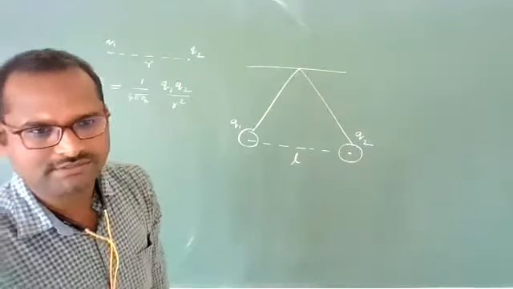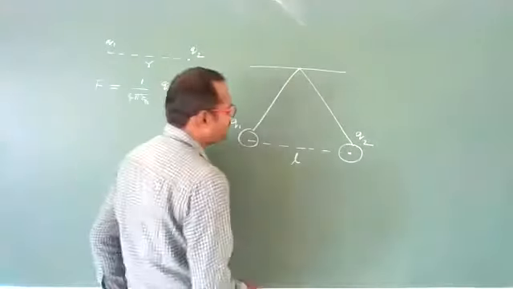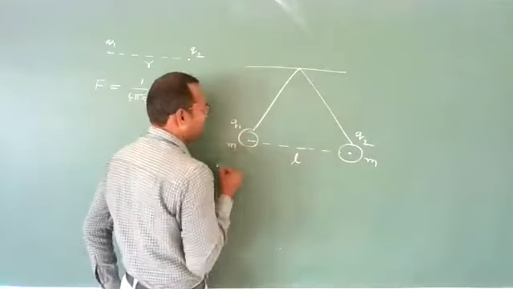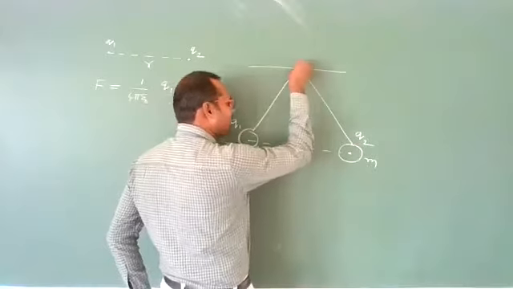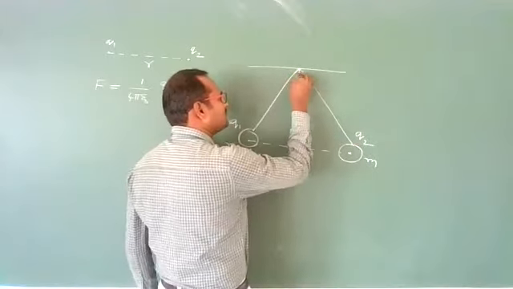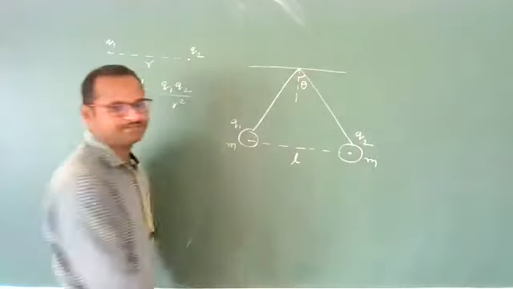Now let us suppose each ball has mass m, and the angle they make with the vertical is theta.